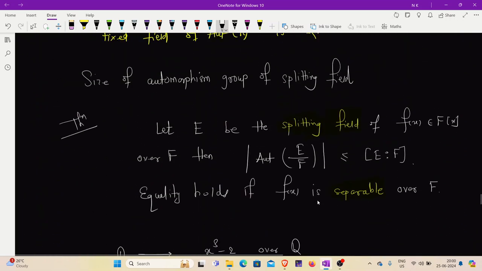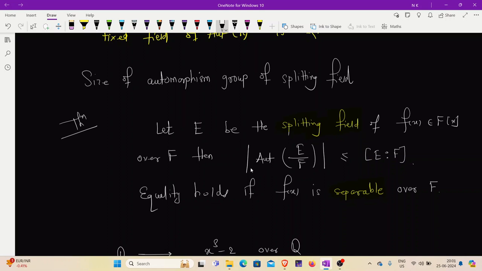The result reads as: suppose E is a splitting field of a polynomial f(x) belonging to F[x], then the set of all automorphisms of E over F, the number of automorphisms is less than or equal to the degree of extension of E over F, right? And equality holds if f(x) is separable over F. This particular theorem was explained in the previous video, so I urge you to visit that video and watch how we can prove this theorem.